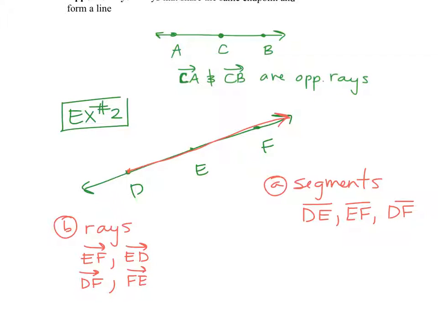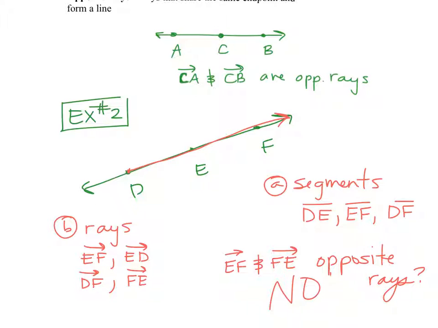Okay, my question is, are ray EF and ray FE opposite rays? Why not? They don't start with the same endpoint, and there's overlap, right? You have to have the same endpoint, and you cannot overlap.